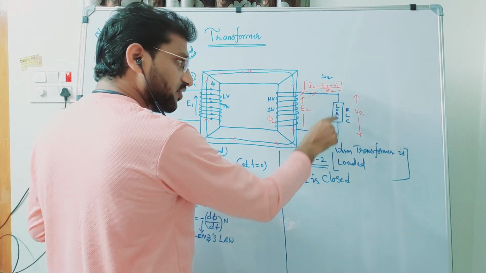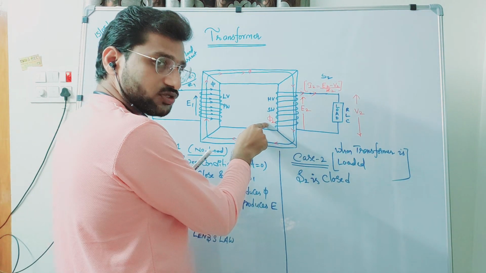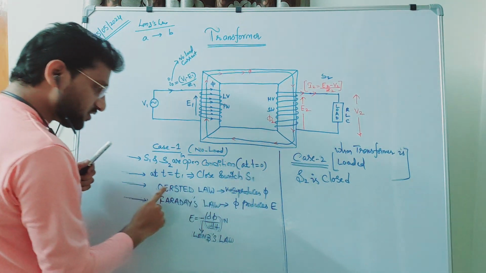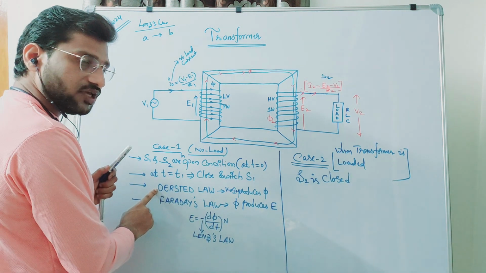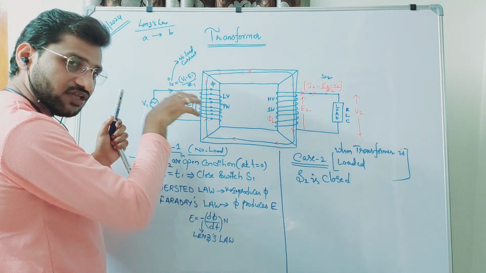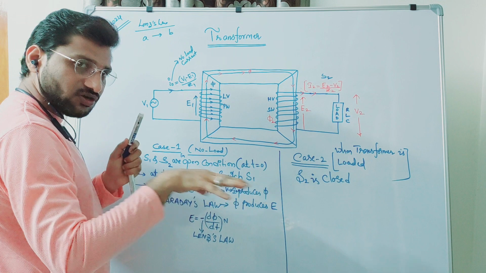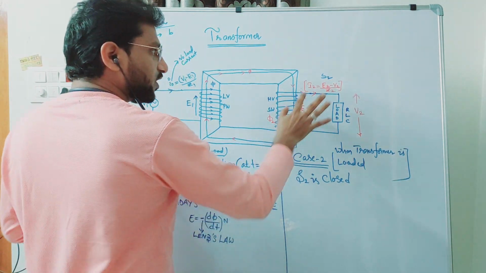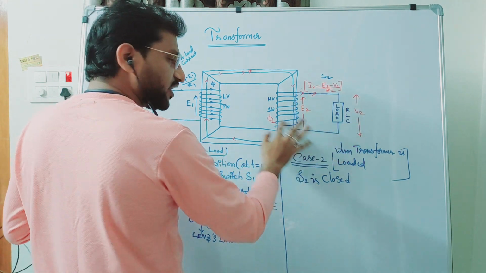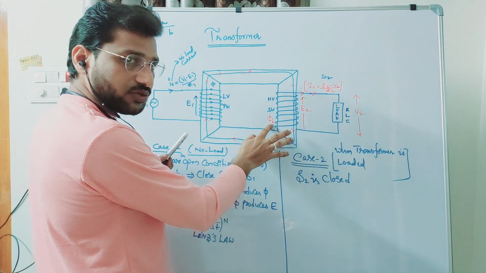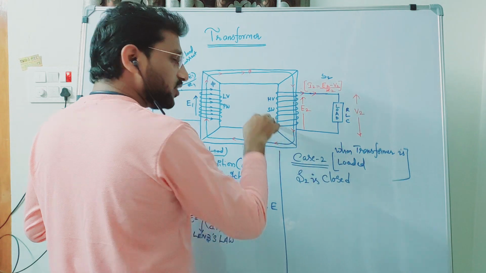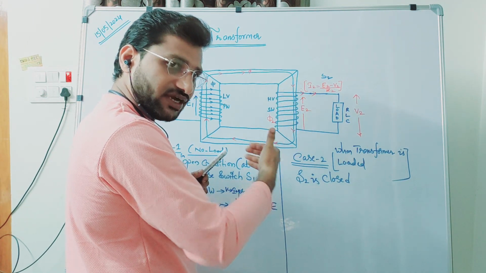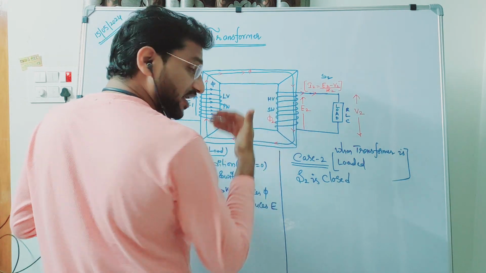That means when I2 starts flowing, it will produce phi 2, again because of the same three laws working in tandem that I just told about; the same principle will apply here also on the secondary winding. So when I2 starts flowing through the secondary winding, it initially produces phi 2. This phi 2 is going to link the same secondary winding, that is called self inductance, self linkages.